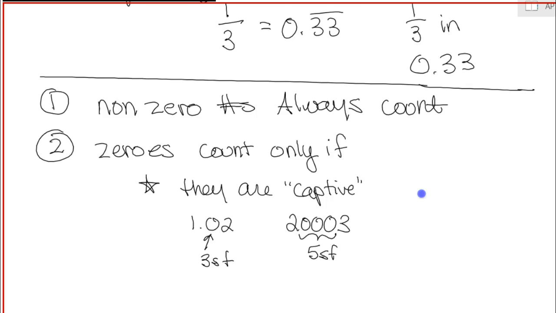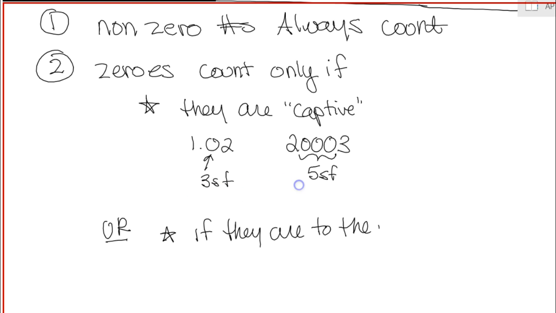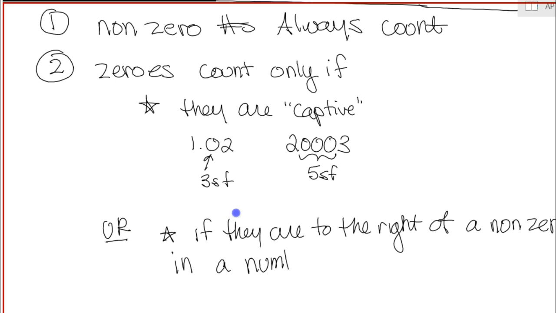Okay, so zeros count only if they're captive or if they are to the right of a non-zero integer in a number with a decimal point.